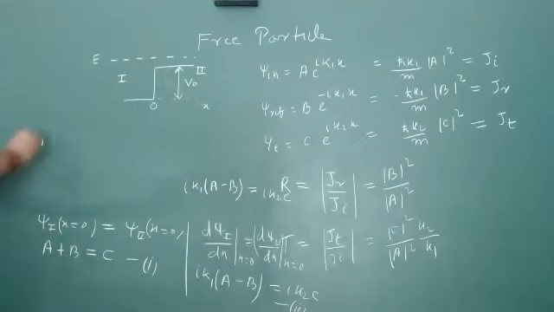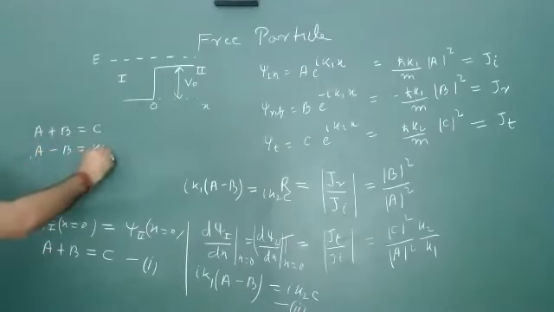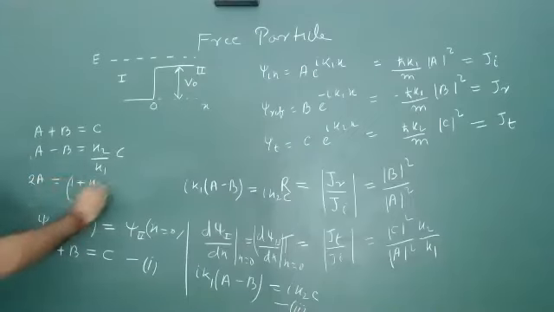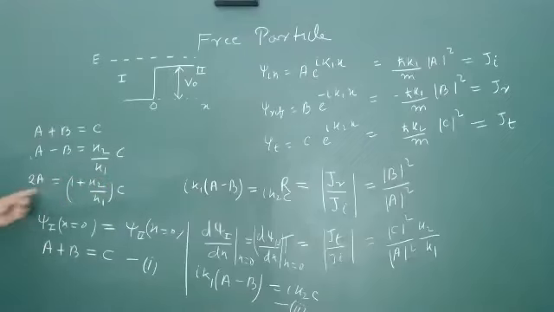The first equation is a plus b equals c, and the second equation is a minus b equals k2 upon k1 times c. You will add them, and you get 2a equals 1 plus k2 upon k1 times c, and from here we can get the value c by a.